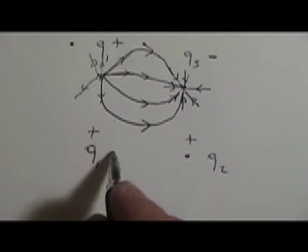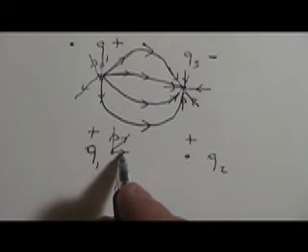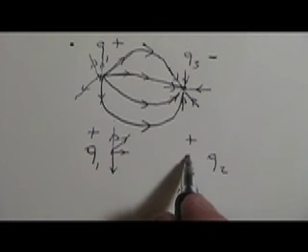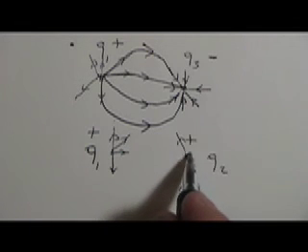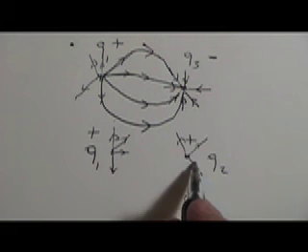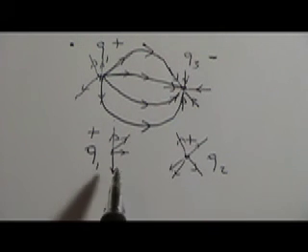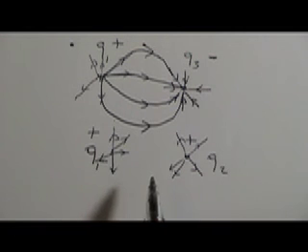Q1 will release a field coming out like that, and Q2 will also release a field coming out of it like that. Now these charges will actually repel.